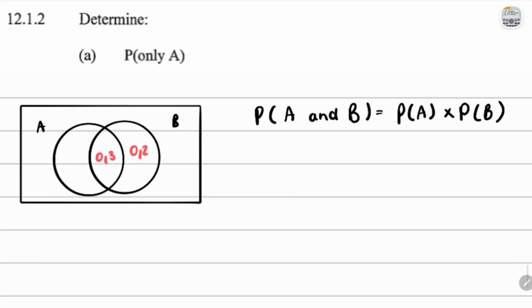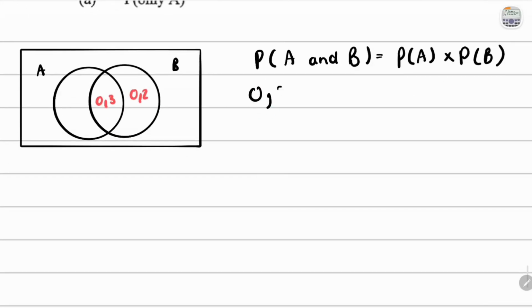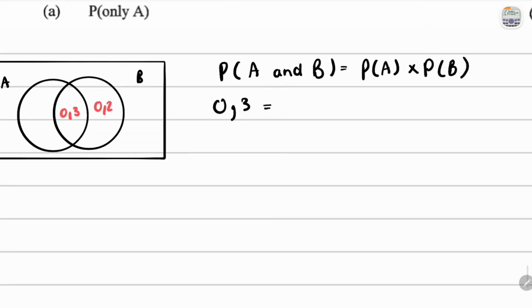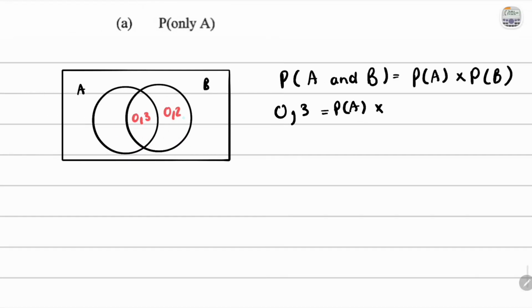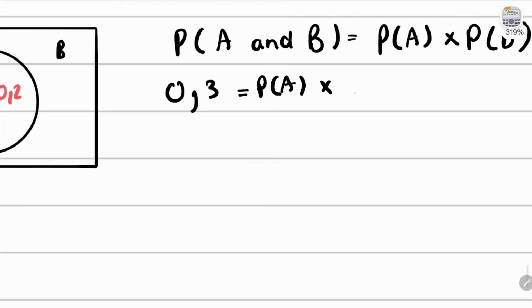That is 0.3. So 0.3 is equal to, we don't know what the probability of A is, so we'll just leave that open, multiplied by the probability of B. We actually have that. The probability of B means the entire circle of B, meaning we would have to add the 0.3 and 0.2, which give us 0.5.